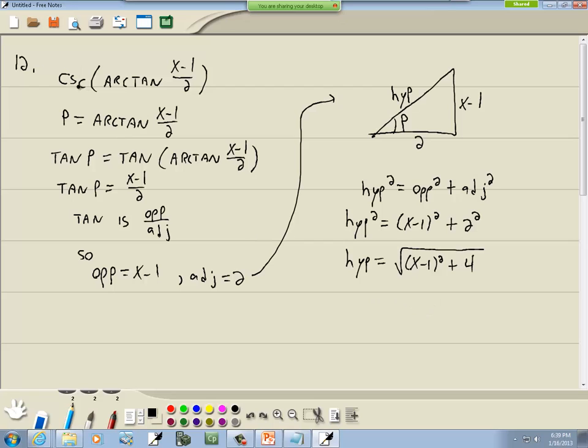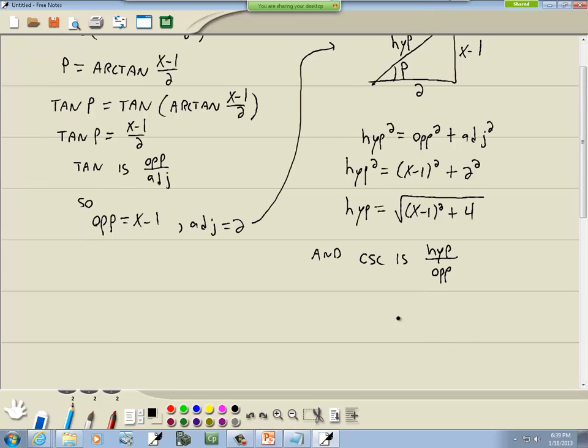Now let's look at our outer trig function. Cosecant is hypotenuse over opposite. Always have to think of sine first. Sine is equal to opposite over hypotenuse, so this is hypotenuse over opposite, because they're reciprocals of each other. Well, our hypotenuse was square root of (x minus 1) squared plus 4 over my opposite, which was x minus 1. And that's our answer.